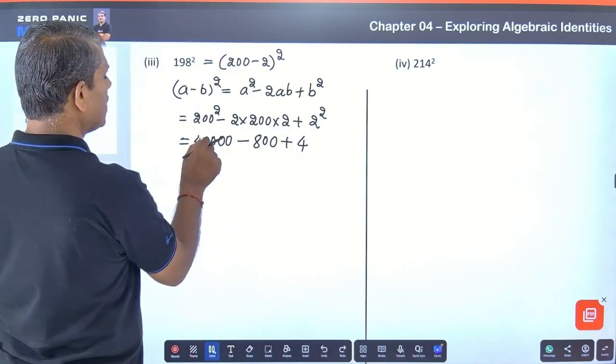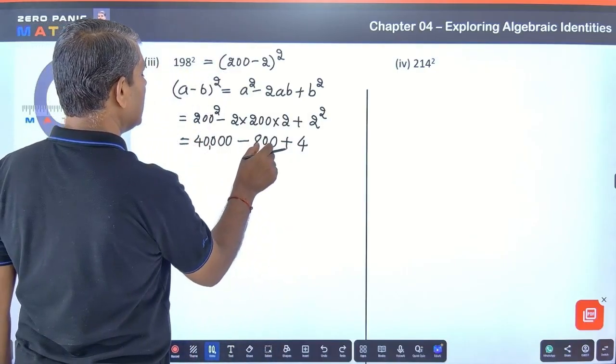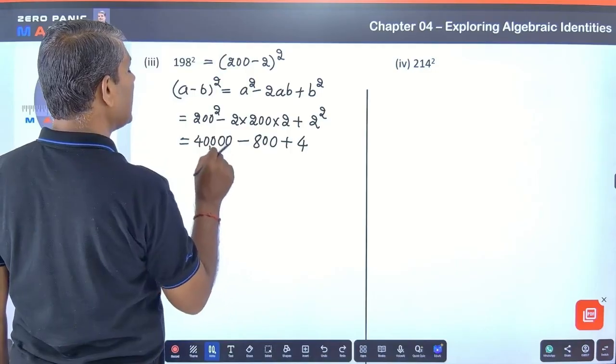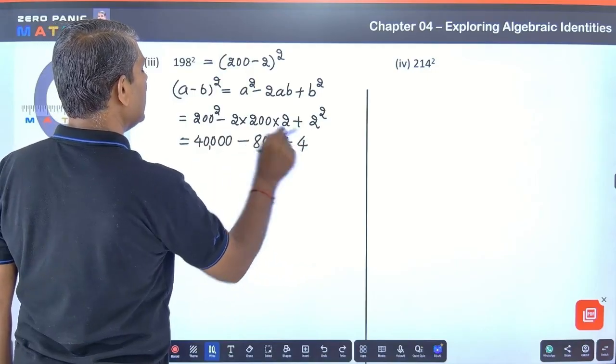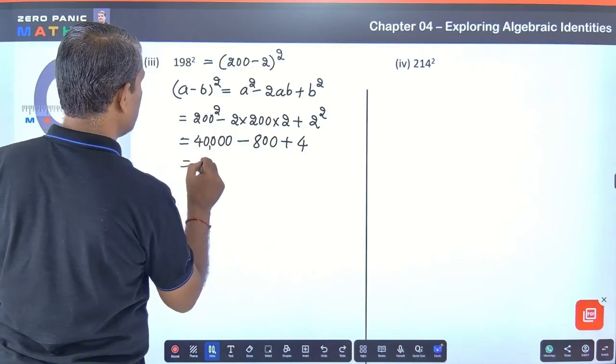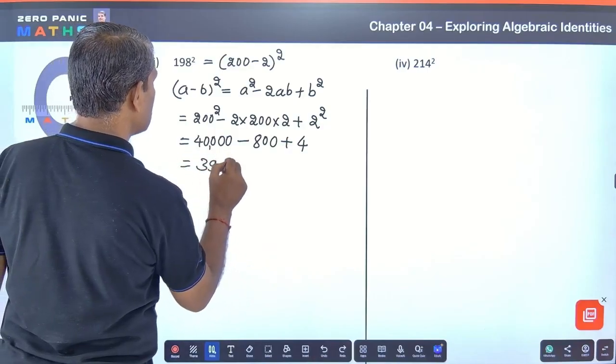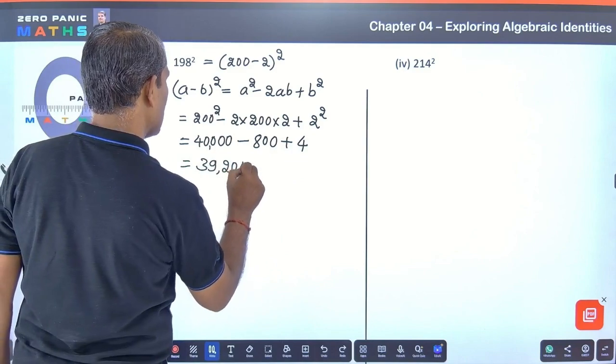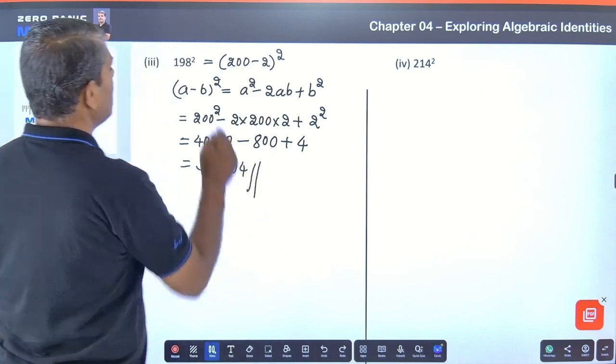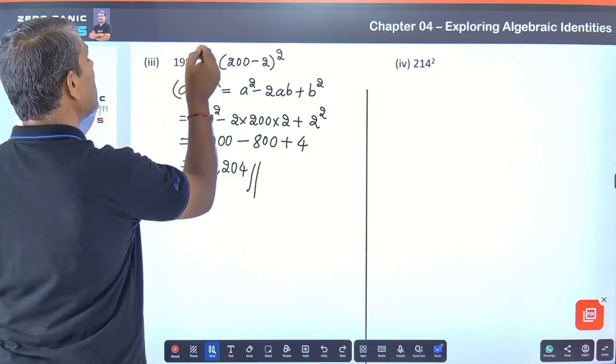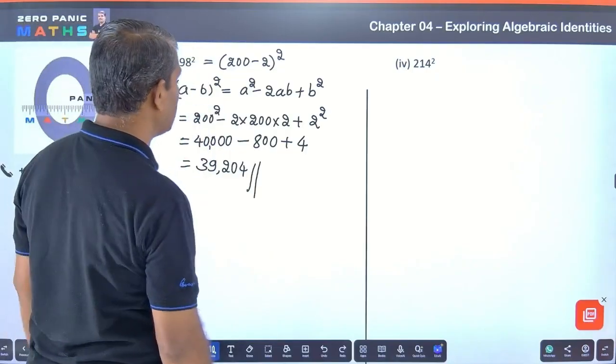So from 40,000, if you deduct 800, it will be 39,200, and 4 added to it is 39,204. So this is the answer for 198 multiplied by 198, that is 198 square.